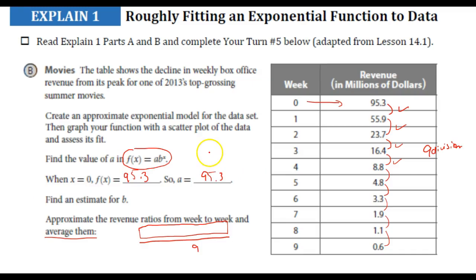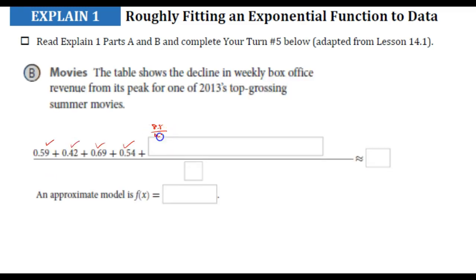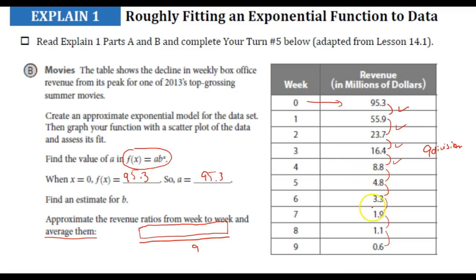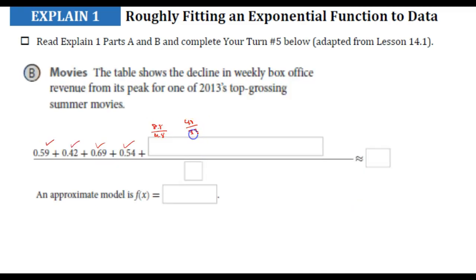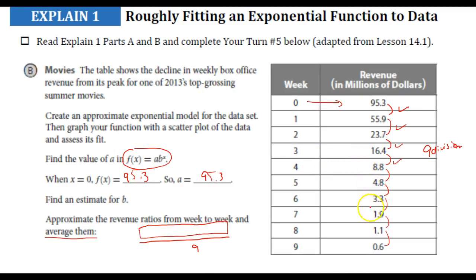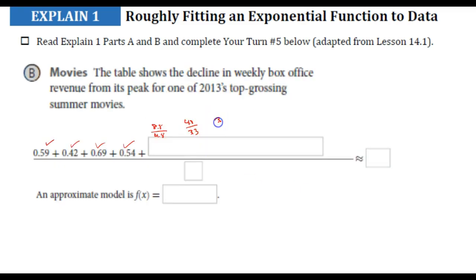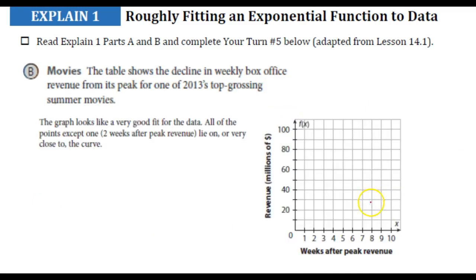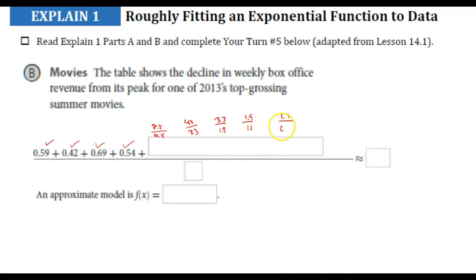8.8 divided by 4.8, and 4.8 divided by 3.3, and 3.3 divided by 1.9, 1.9 divided by 1.1, and 1.1 divided by 0.6.